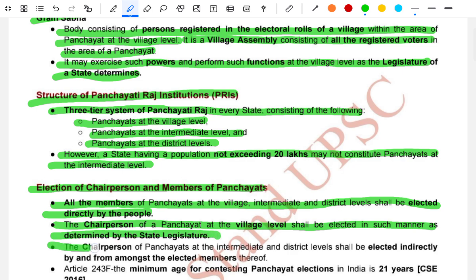The chairperson of the panchayat at the intermediate and district level shall be elected indirectly from amongst the elected members. Under Article 243F, the minimum age for contesting panchayat elections in India is 21 years.